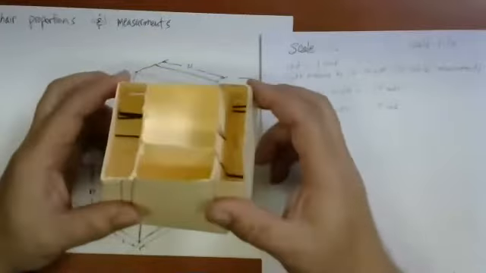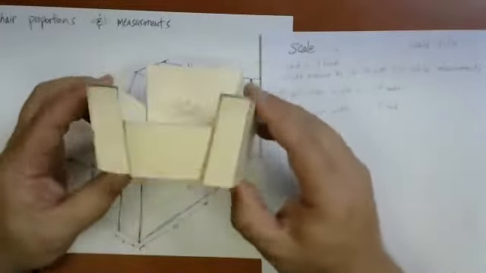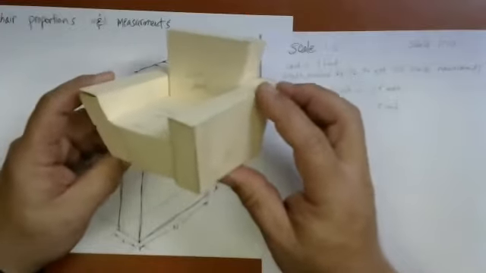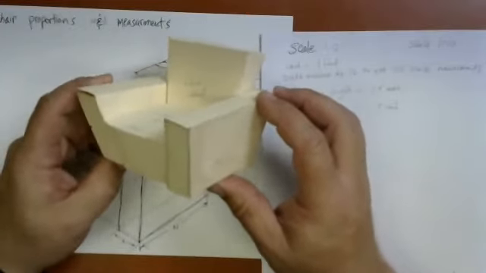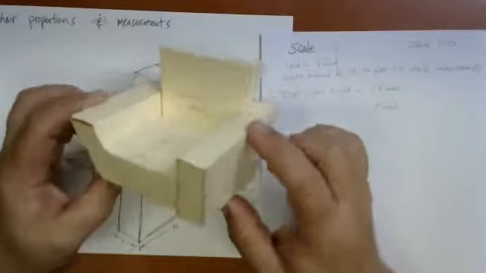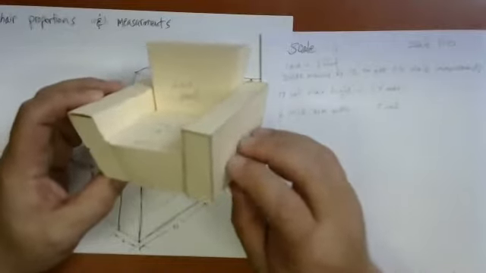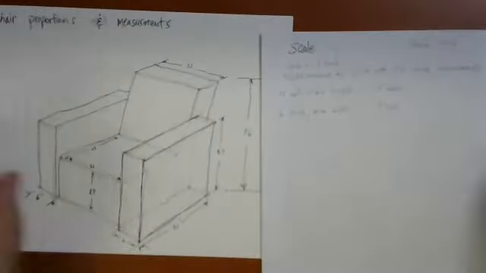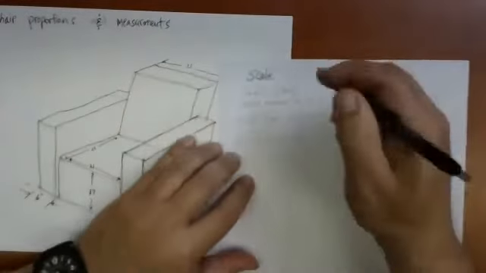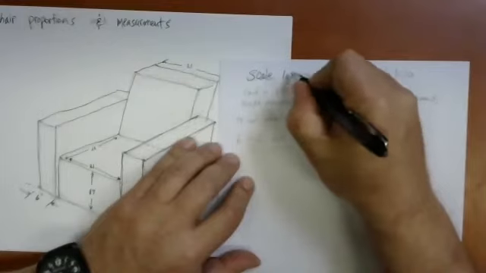I can build this thing as a scale model to test all of my construction methods before I start making it full size. This is a really nice way to test all of the little things in my design before I go big.